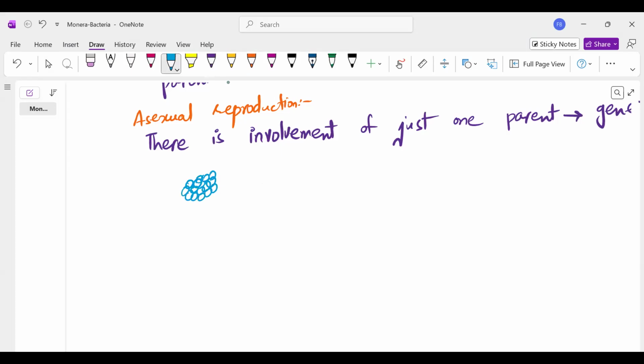I am just making it, and then there will be binary fission of this. This is asexual reproduction. You see, there is just one parent, so these two will be the same. They will be known as identical clones as well. You know the cloning process, the cloning.